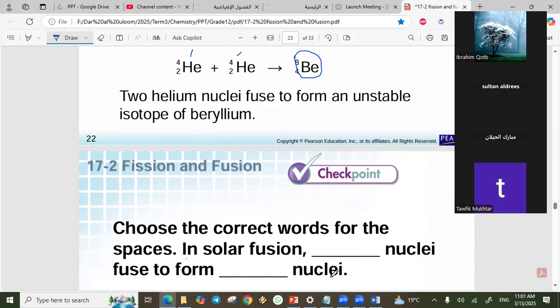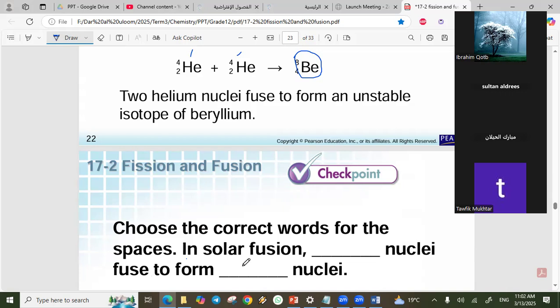Helium fuse to form what nuclei? You mean here helium? Yes, here helium to form. Beryllium? Form what?